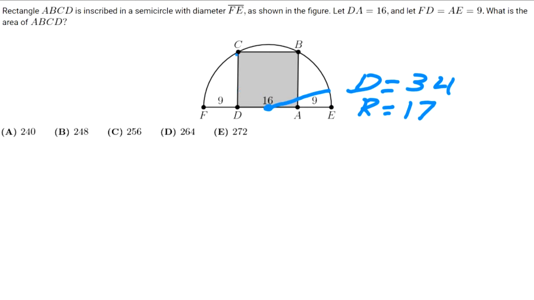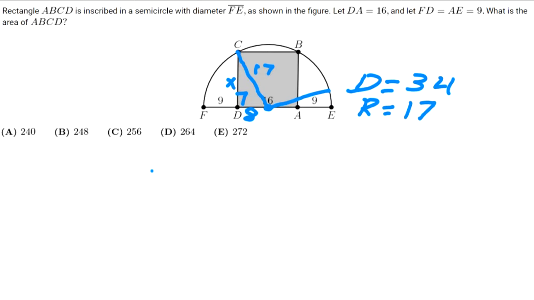So if we start from this point C and go down to the middle, that would make this 17, and it would also make a right angle. And if this is 16 and just a square rectangle side, that means half of this would be 8. So this here would be 8. And let's say this unknown side is x.